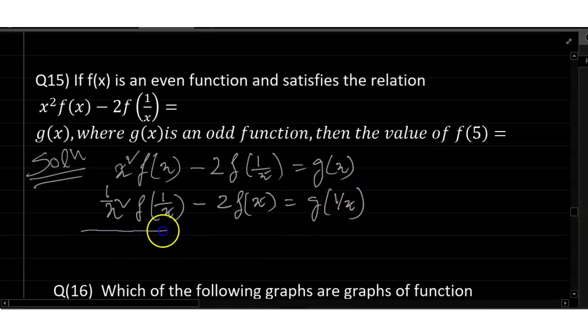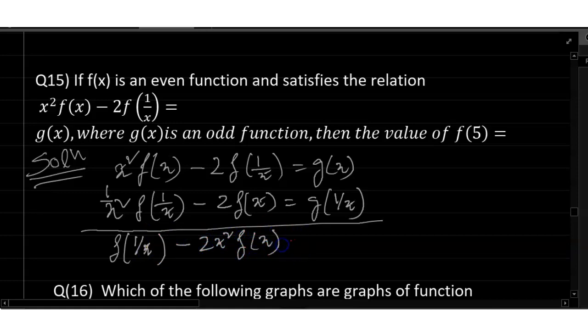So f(1/x) minus 2x square f(x) is equal to 2x square g(1/x).